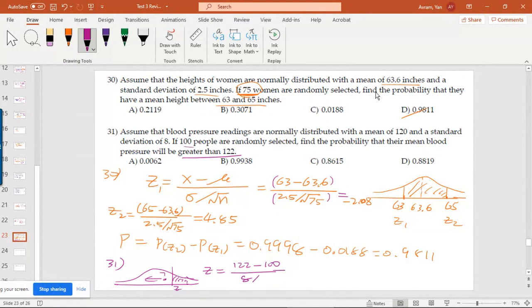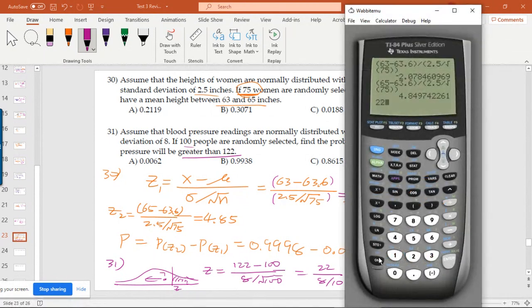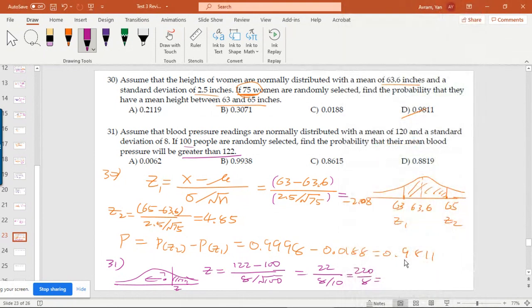And then N here is 100, so divided by square root of N. This should be a little bit easier to calculate. The square root of 100 is 10.